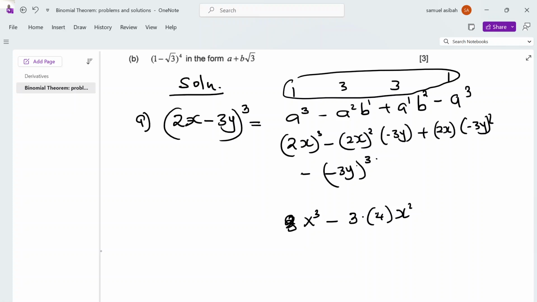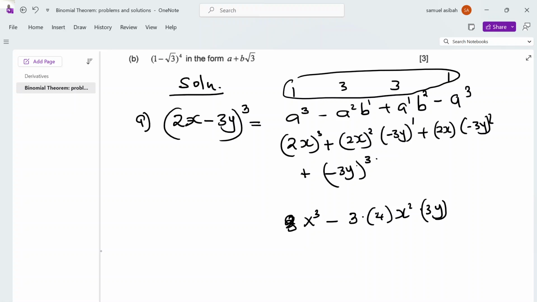Then we have this one, you see this is negative. When you put negative here, then we should put the positives here throughout. Then when we deal with this, we can bring the negative outside here. So negative 3, negative 3y, so you get times 3y here. And then this is negative squared.